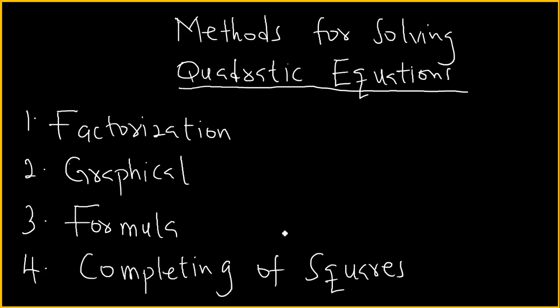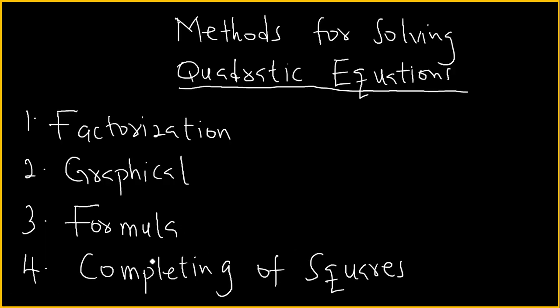Starting with the first method, factorization, it also has diverse ways of solving, or modes in which the questions are formulated. For graphical, we would touch on it, and the formula method is the simplified form of completing the squares.